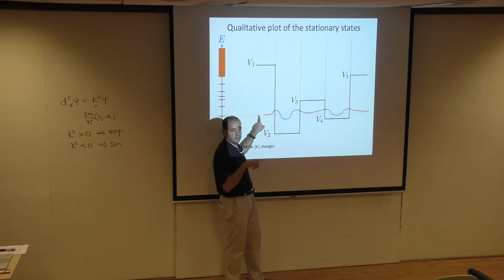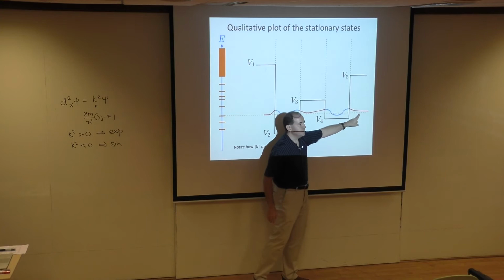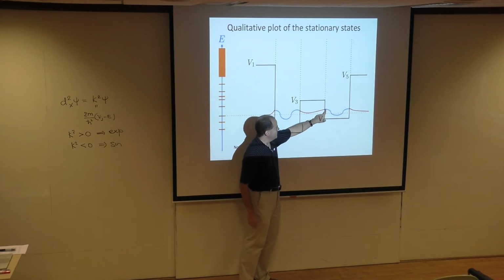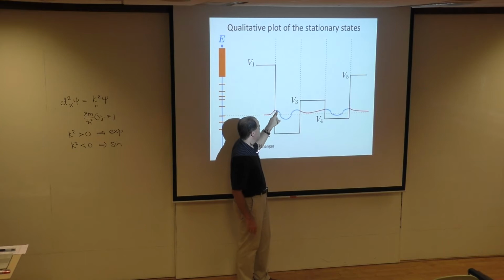So e to the ikx doesn't explode at minus infinity. Here we can put it fully decaying, e to the minus kx, that decreases at plus infinity, and in between, there's a connection here. I'm sorry that my drawing skills are not so good, so I didn't really convince you that this derivative should be continuous, but all the derivatives should be continuous here.